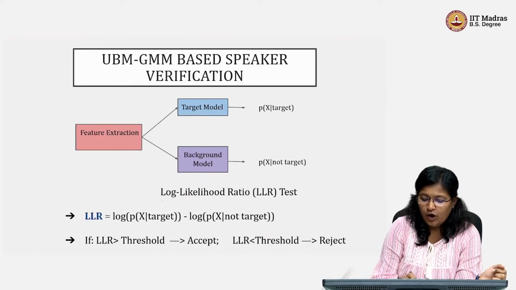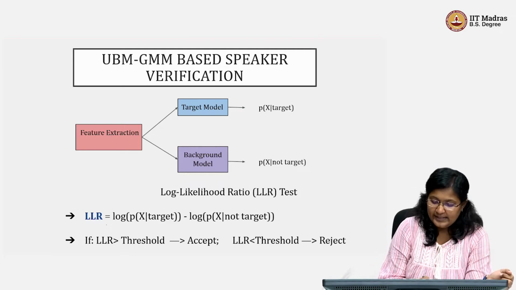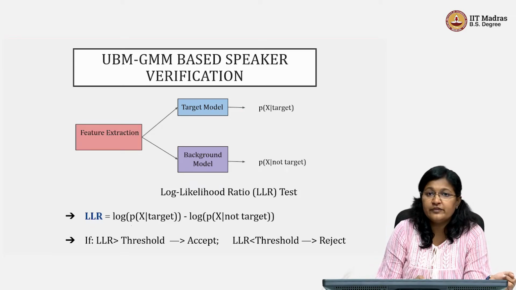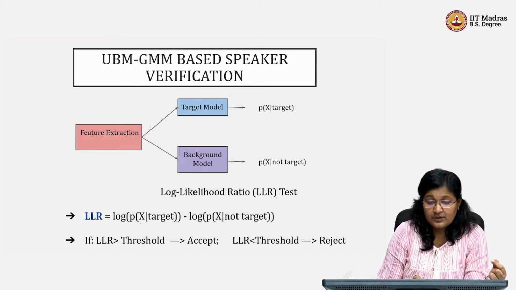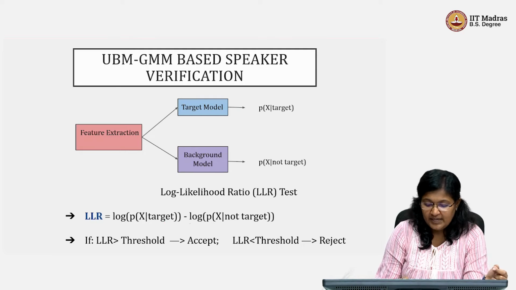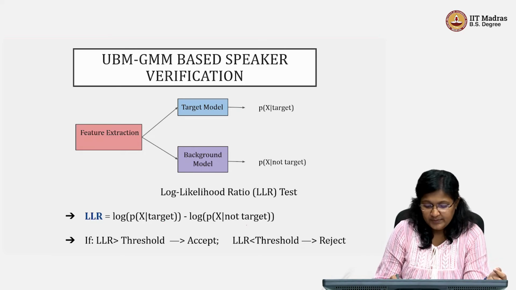So I have two probabilities with me. I will perform a log likelihood ratio test, which is the LLR test. This is how it is calculated: log of the probability that the claimed feature is from the target model minus log of the probability that the claimed feature is not from the target model.